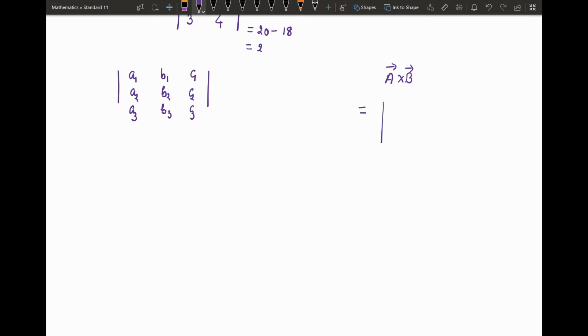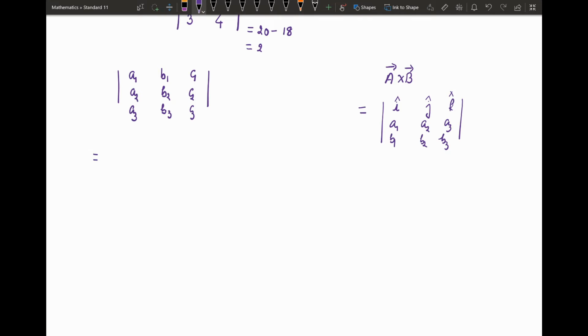You are familiar with this: i cap, j cap, k cap, components of A bar A1, A2, A3, and B1, B2, B3. So in physics you know how to evaluate this 3 by 3 determinant. The same method we are using here.